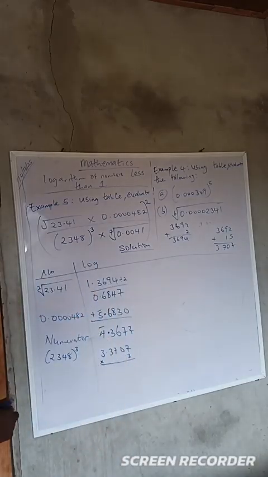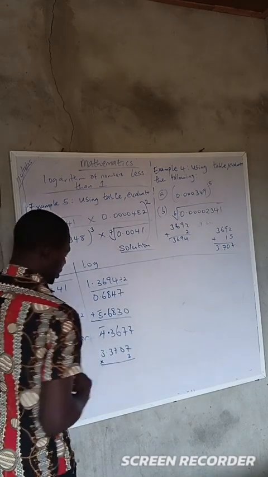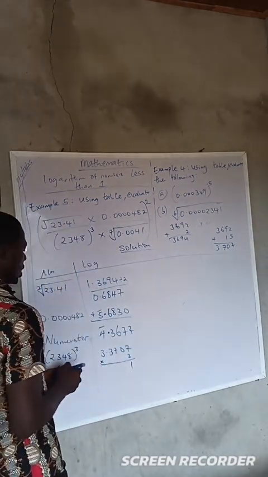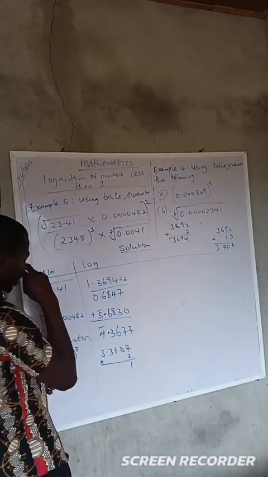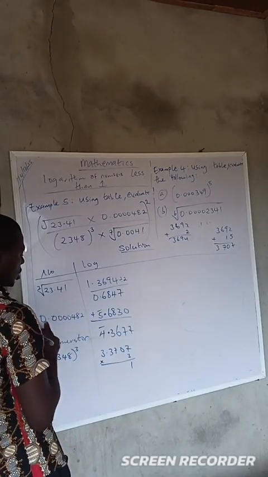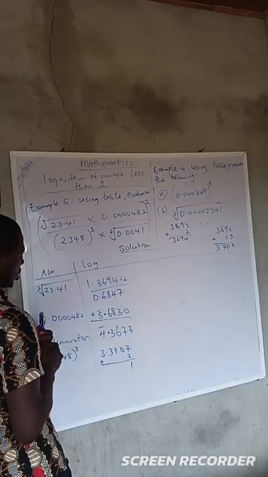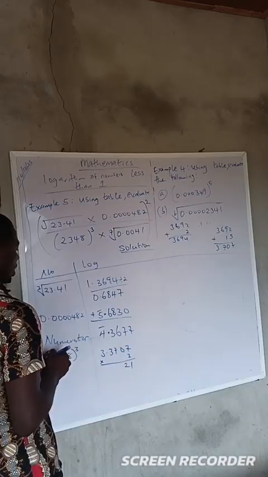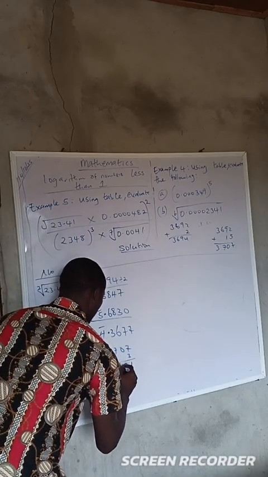So when you multiply by 3, what do you have? Multiplying by 3, we have 3 times 7, that's going to give us 21, you write 1. Then 3 times 0, we have what? We have 0 plus 2, you have 2. 3 times 7 again, 21, you write 1, carry 2.